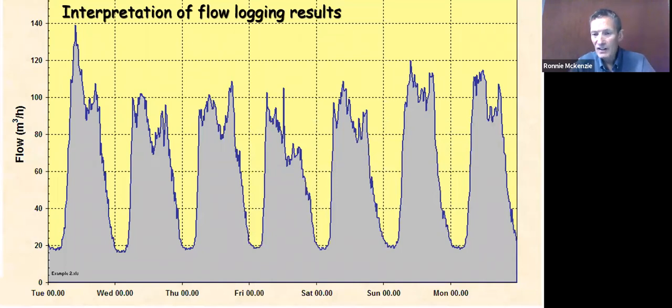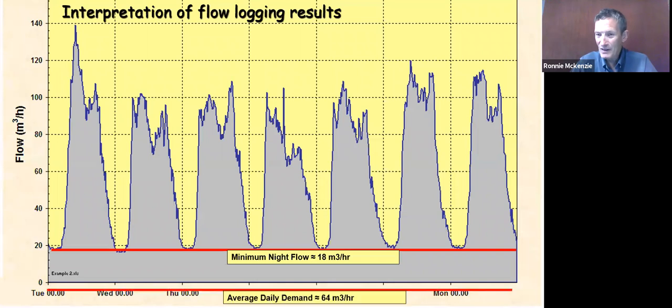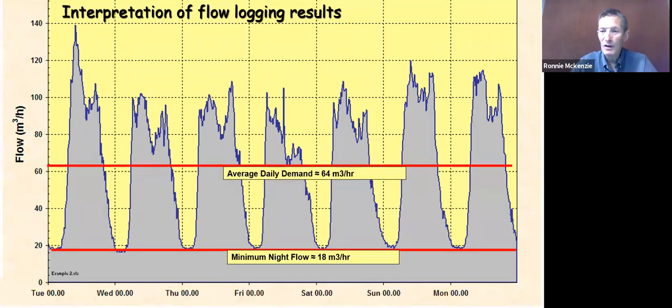So here's another logging result, and this is a 7-day logging result. Do we have a leakage problem on this one? Well, if you look at the minimum night flow, it's 18 cubic meters per hour. This is the flow going into a residential area. I've not told you how big it is or how many houses, and I'm not really too worried about that. What we normally do is draw a line on our graph which represents the average daily demand.